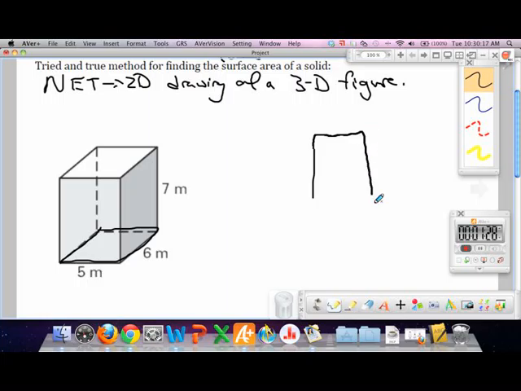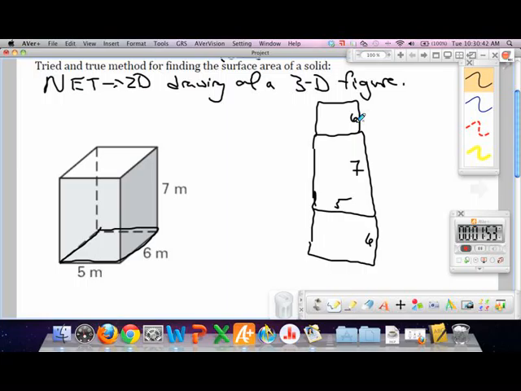I'm going to fold down the bottom. I'm going to fold up the top. And then I have to fold out the sides. I have this face that's here, looking at it on the right. I'm going to fold this side face out, which has a length of 6.